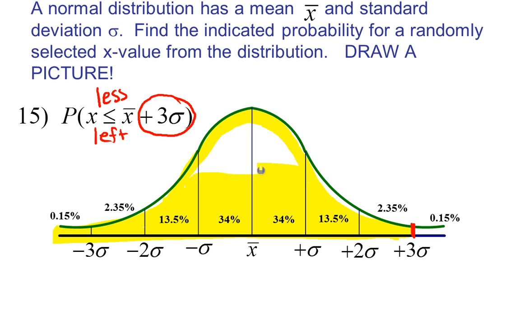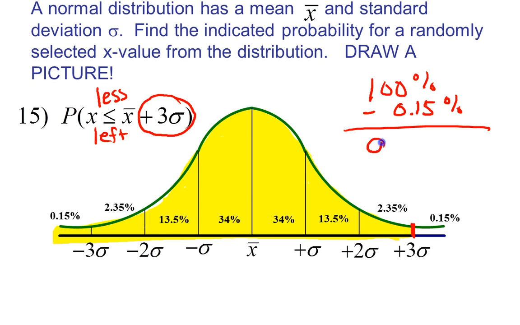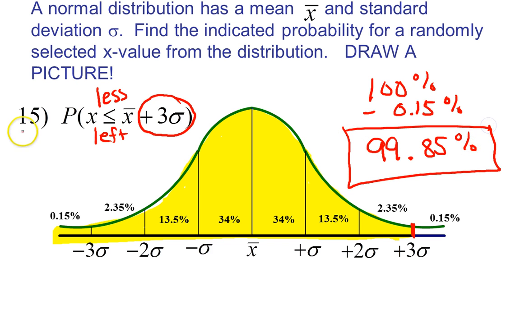So what percentage of the graph is shaded now? Because that will be the same as the probability. We did one just like this a second ago. This is everything except for this little bit on the end. So the quickest thing to do is 100% minus your 0.15%, which again is going to leave 99.85%. So that is number 15.